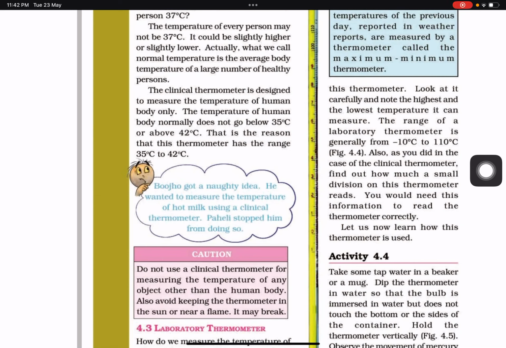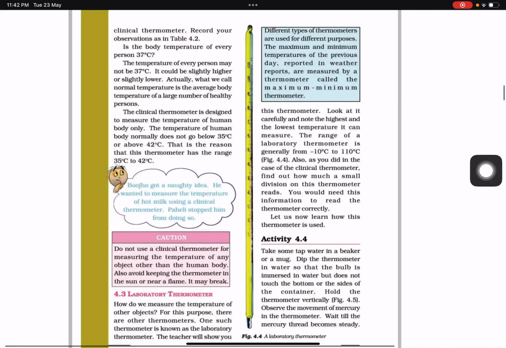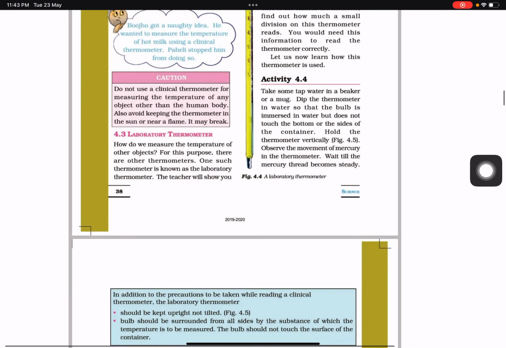There is a range from -10, you can see, 0, 1, 2, 3, 4, 5, 6, 7, 8, 9, 10. It will be -10. And here is 10, 20, 30, 40, 50, 60, 70, 80, 90, 100. Okay, -10 to 110 degrees Celsius.